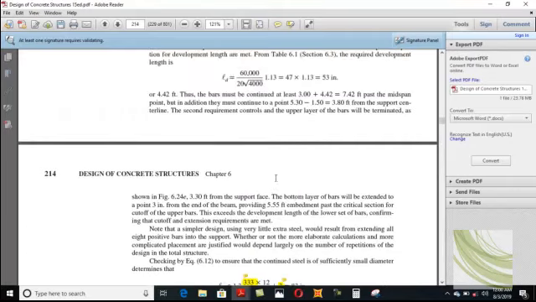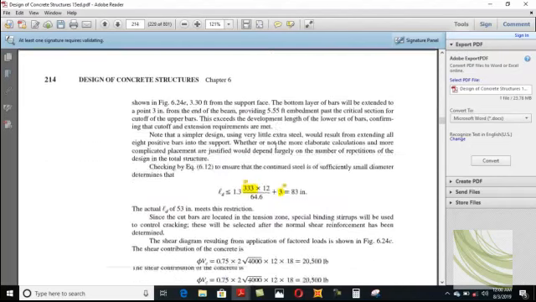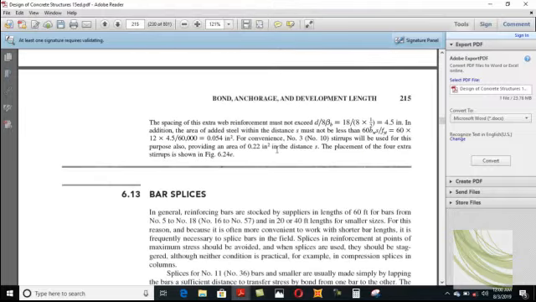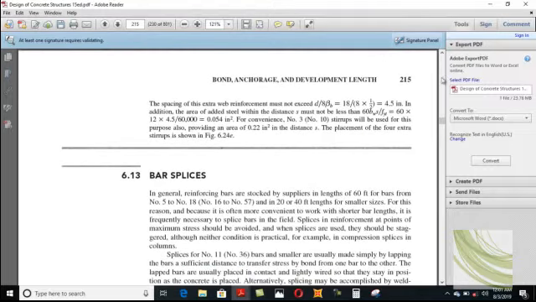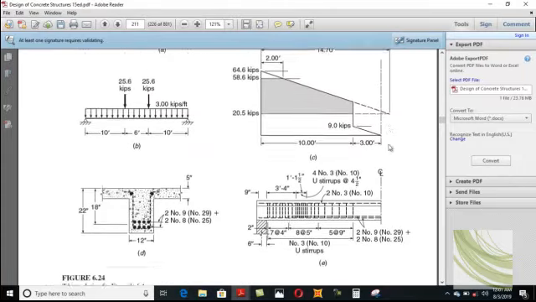There I say the bottom layer of bars will be extended to a point 3 inch from the end of the beam. Okay, end of the beam. Where is the flare diagram? Okay. You see there.